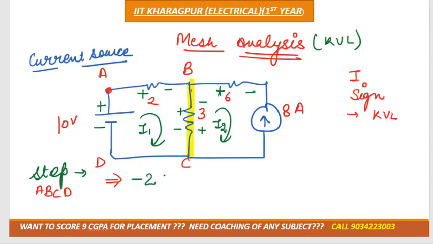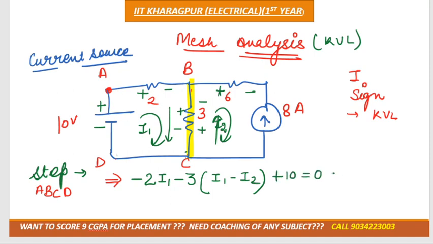Resistance is 2, current is I1. Moving from B to C, the second sign is negative, resistance is 3, current is I1 minus I2, because both the currents are moving in opposite directions. I1 is moving up to down, I2 is moving down to up. C to D nothing is there, D to A, that would be plus 10 equal to 0. This is your first mesh equation.